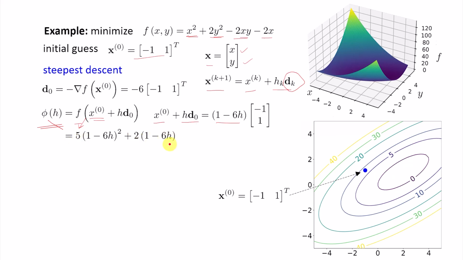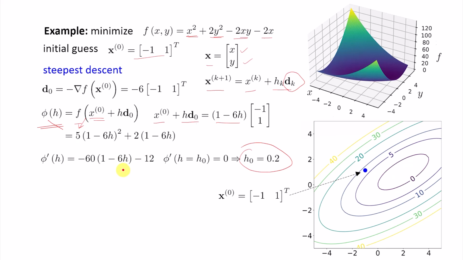Now I have to find the minimum of this function, so I take the derivative of phi of h, which gives me −60(1 − 6h) − 12, and we set this to 0. H0 is the value of h when phi prime is 0, and that gives h0 = 0.2.